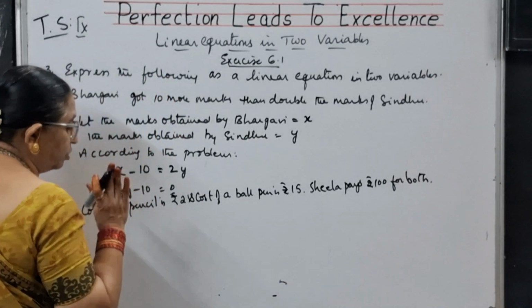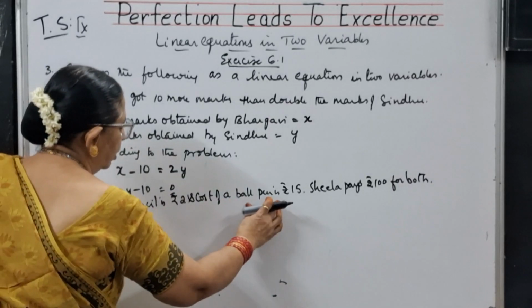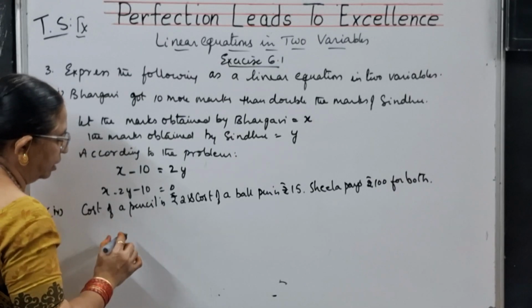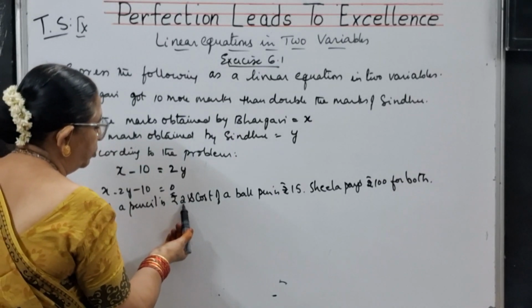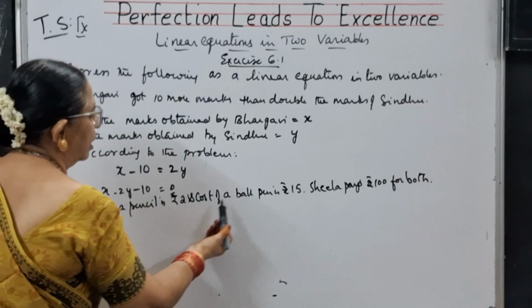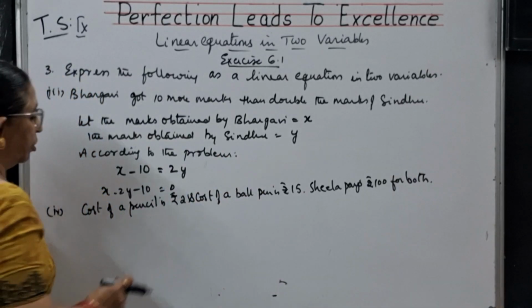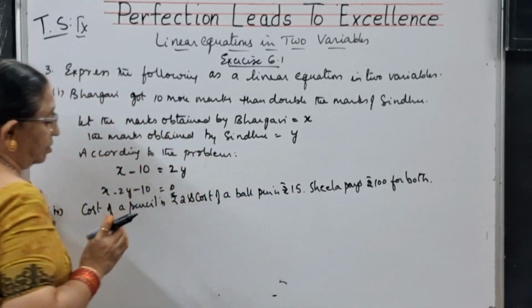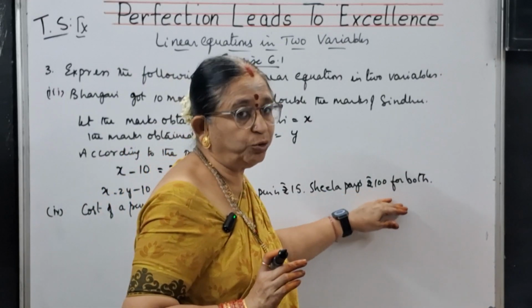So here the two variables are what, children? Pencil and ball pen. The cost of a pencil is rupees 2 and the cost of a ball pen is 15. So the costs are given, and also they said that she has paid 100 rupees.